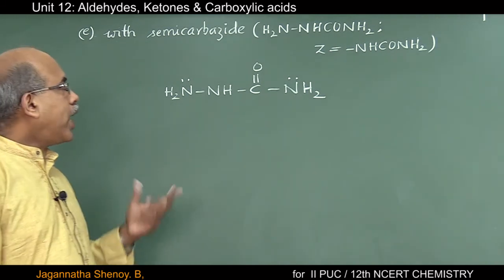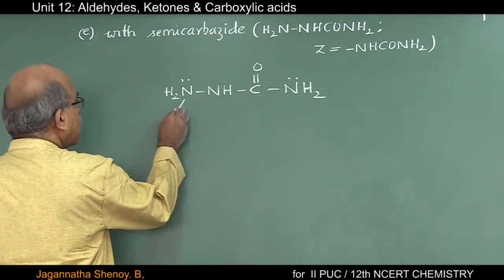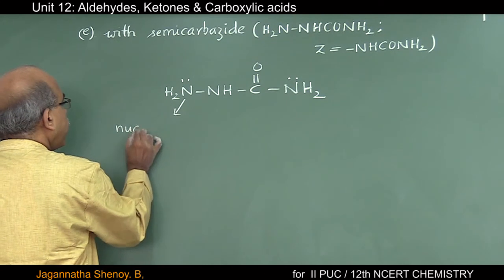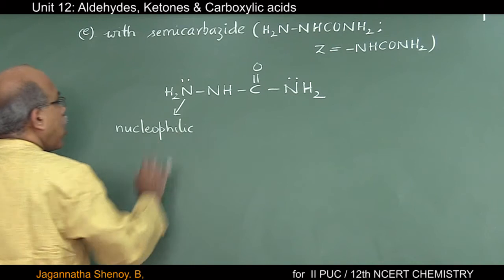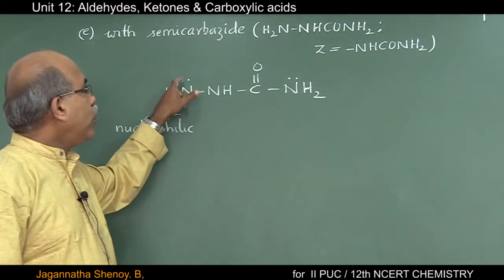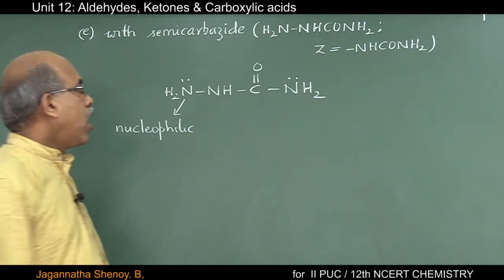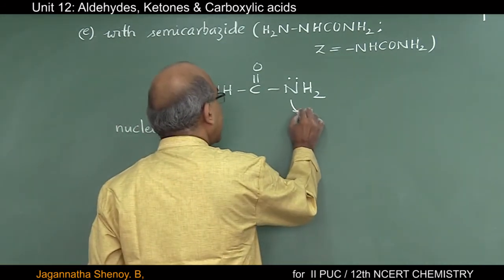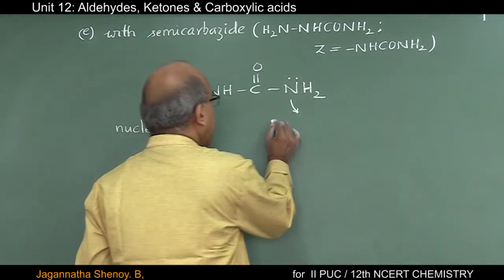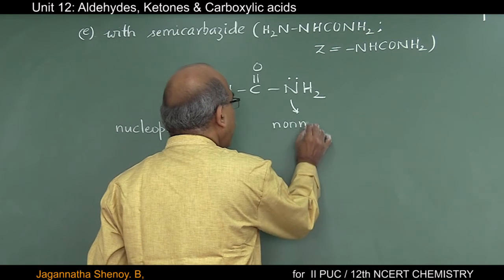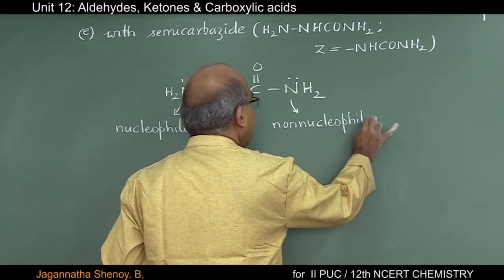Now if you look at the structure very closely, you will observe that this nitrogen is nucleophilic, because on this nitrogen the lone pair of electrons are readily available. On the other hand, if you consider NH2, which is adjacent to C double bond O, it is non-nucleophilic. Why is it non-nucleophilic?